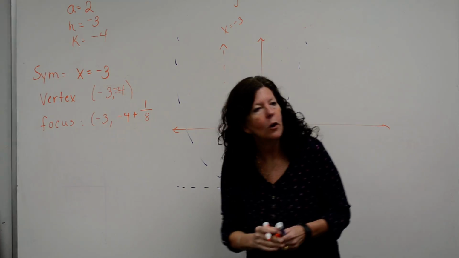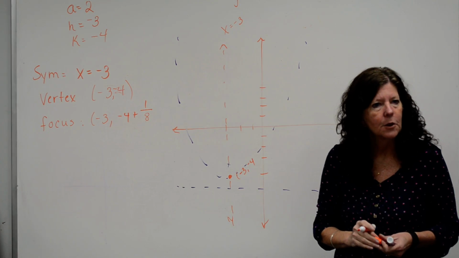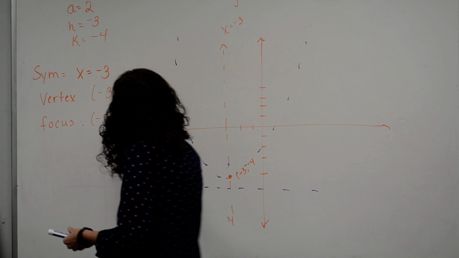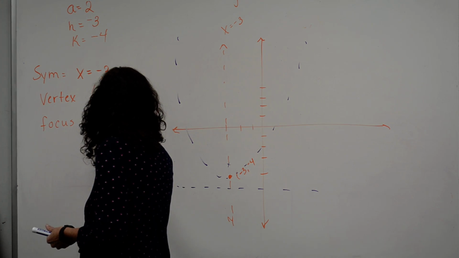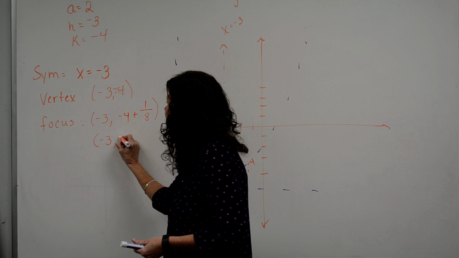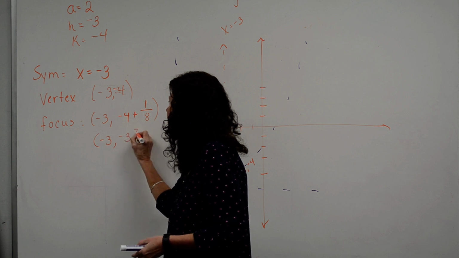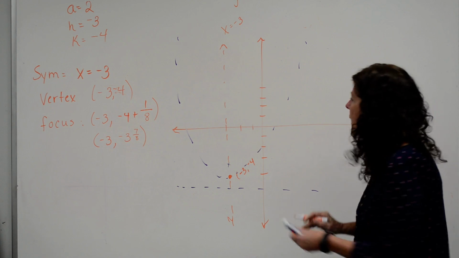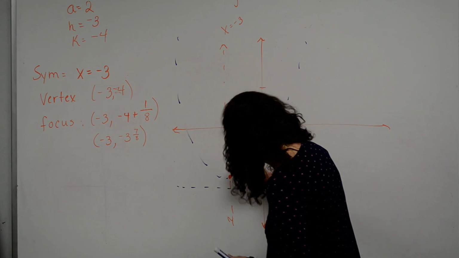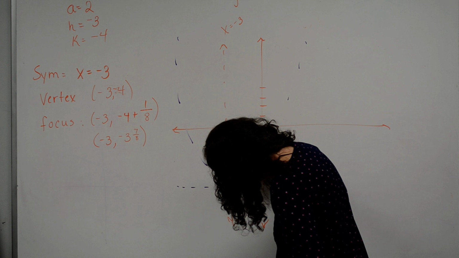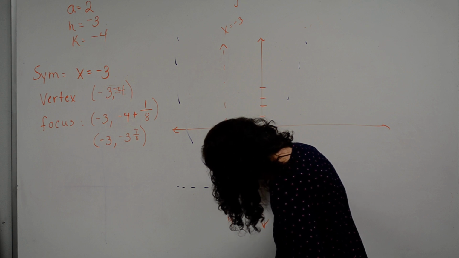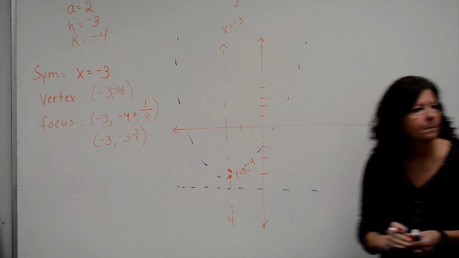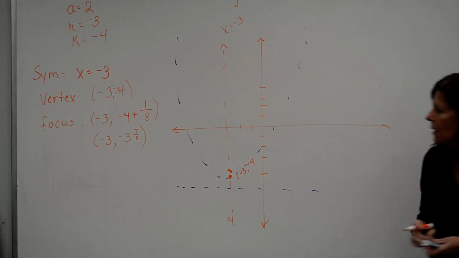So 1 over 8, right? You with me? I've just plugged in points. So this is the point negative 3, and if I add that, that's going to give me negative 3 and 7/8, right? So basically, it's right there. It's really close to it.